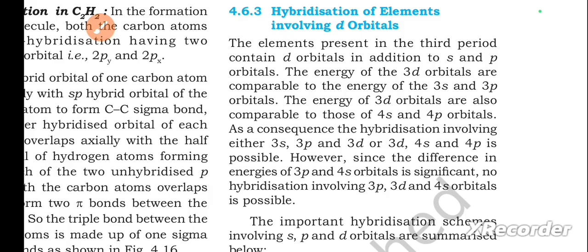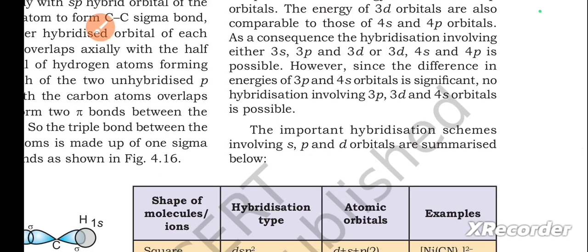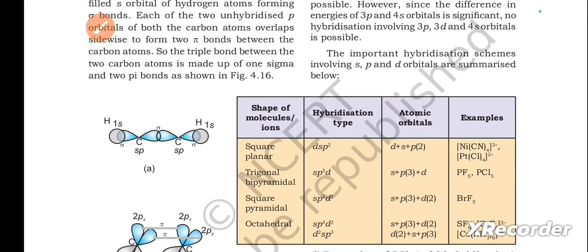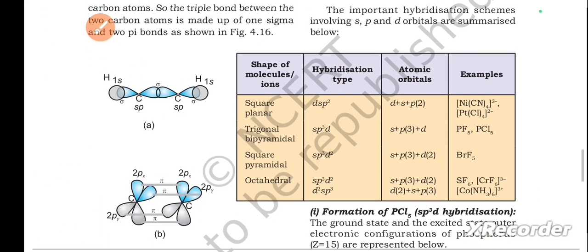As a consequence, the hybridization involving either 3s, 3p and 3d or 3d, 4s and 4p is possible. However, since the difference in energies of 3p and 4s orbitals is significant, no hybridization involving 3p, 3d and 4s orbitals is possible. The important hybridization schemes involving s, p and d orbitals are summarized below. So this is the table.